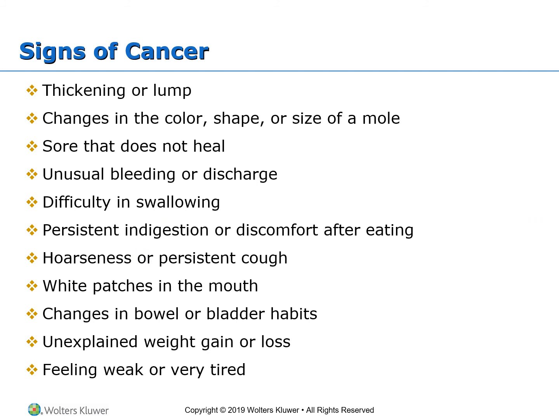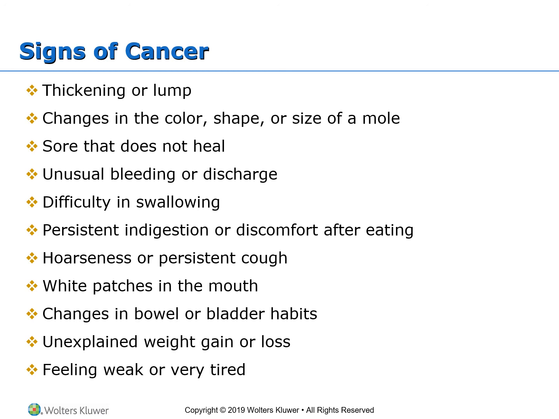So when we say cancer, we actually refer to malignant tumors. And regardless of where they start, they may show some common elements that may increase the suspicion that a lesion can be a malignant tumor.